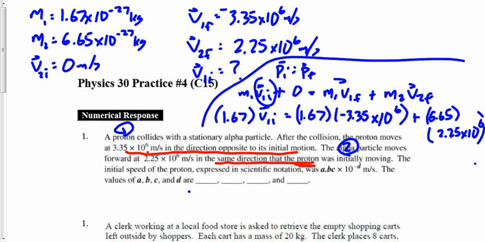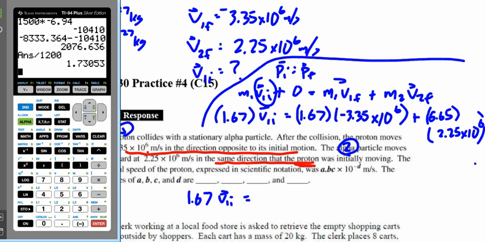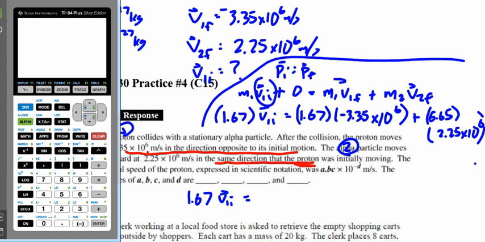We got 1.67 times V1I equals, now let's do that right-hand side. We're going to say 1.67 times... nope, just 1.67 times negative 3.35 times 10 to the 6. And I'm going to add that to bracket 6.65.